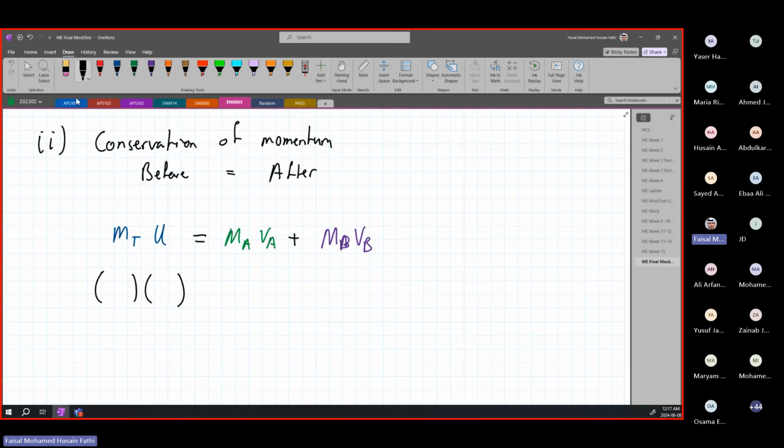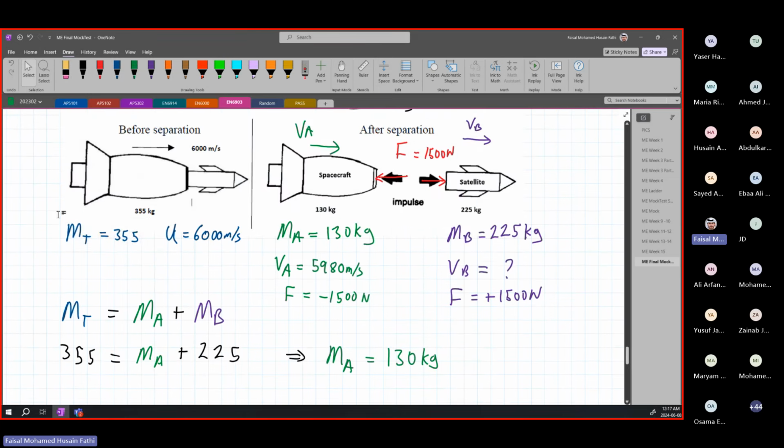So our mass before, the total mass, is 355 kilograms.